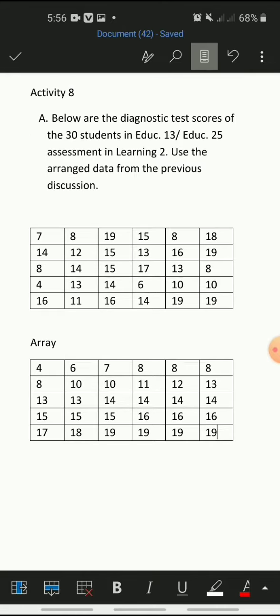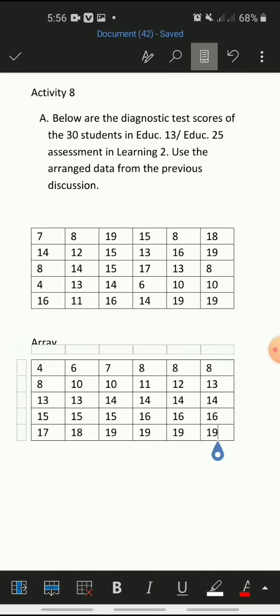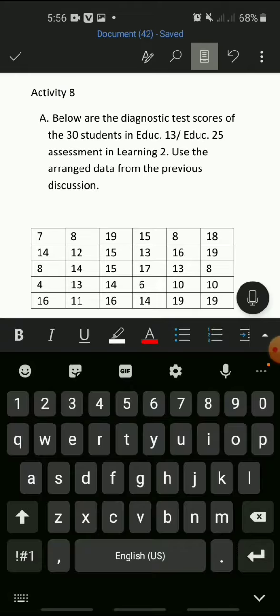So that is the array method. This is the easiest way to arrange your data.